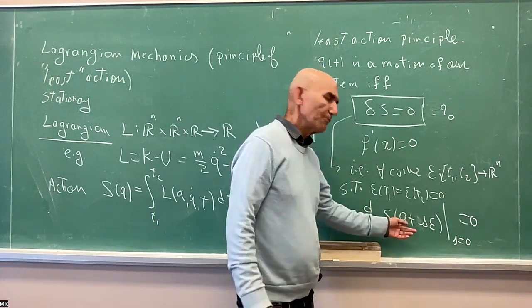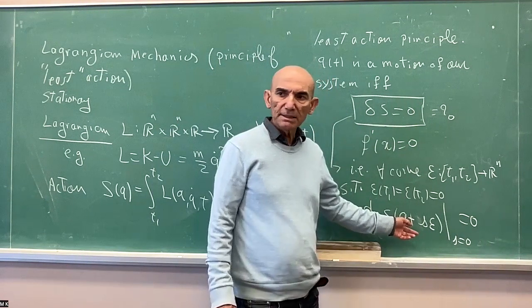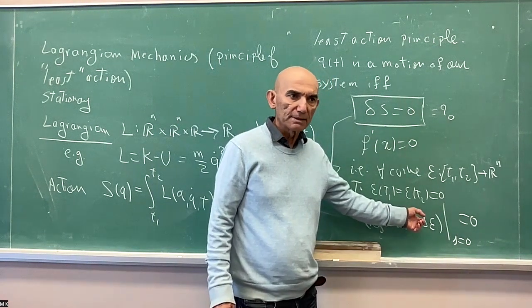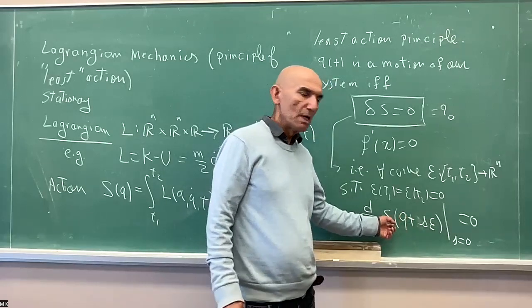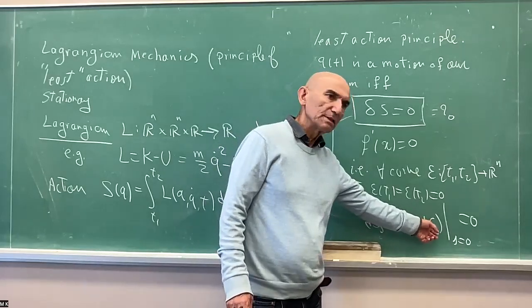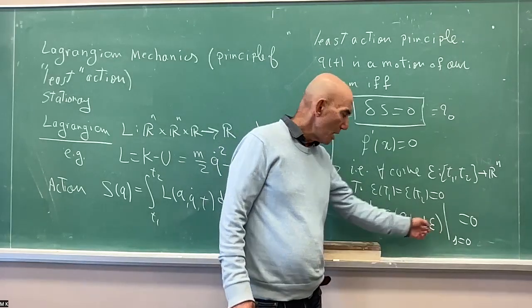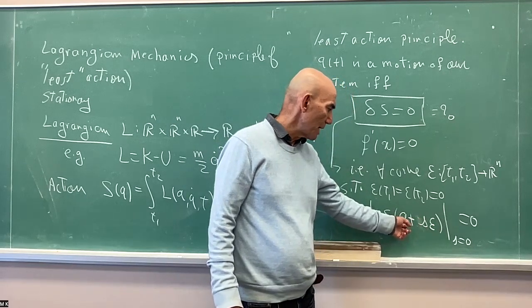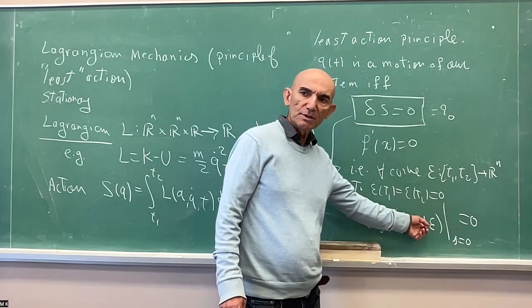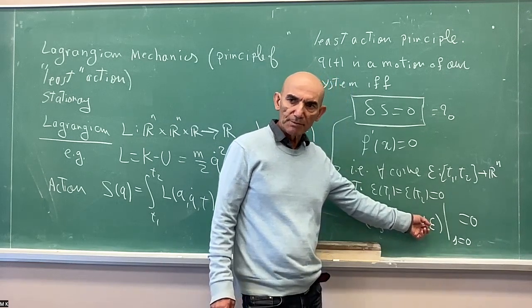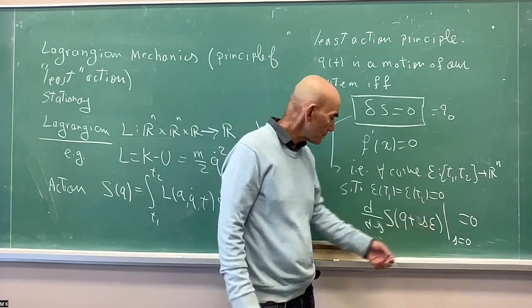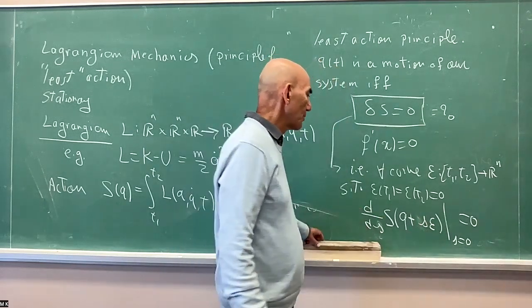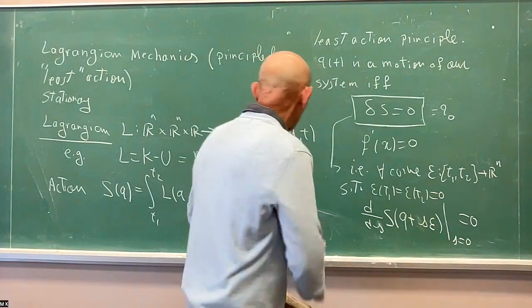So first of all, you agree with me that this is now just a function of one variable s. This is a very simple object now, because I have fixed this perturbation epsilon, I have fixed this curve q, which I want to be solutions, and now this quantity just becomes a function of s, right? And I'm saying its derivative at s equals 0 has to be equal to 0.